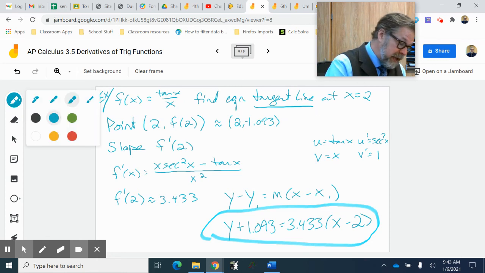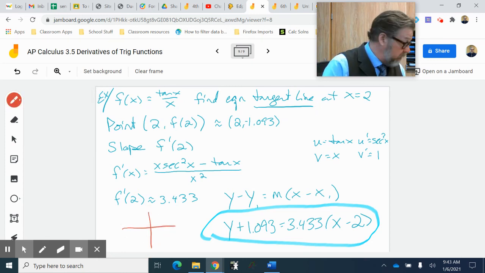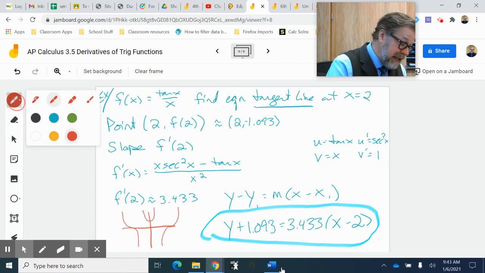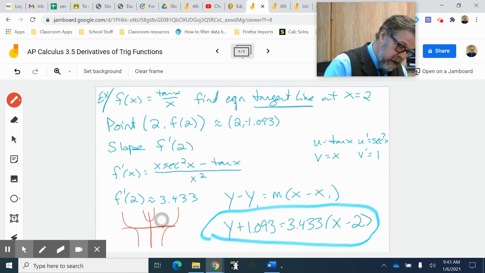And if we take a quick look at the graph, jumping into our calculator, what we see is that this function looks like this. Crazy weird function. And x equals 2 is right about here.